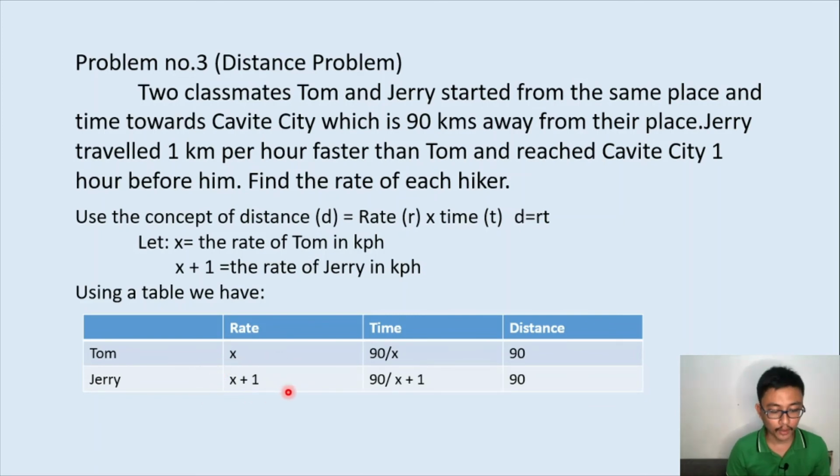So, kaya siya x plus 1. Then, si Tom ay x lang. They have the same distance of 90 kilometers. Then, dun sa time, that is 90 over x, since time is equal to distance over the rate. Then, Jerry is 90 over x plus 1.